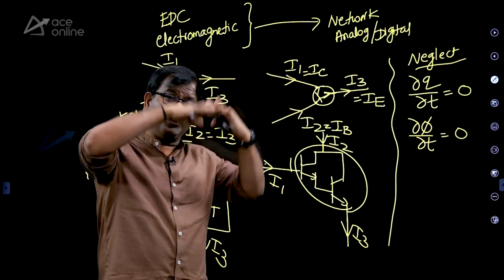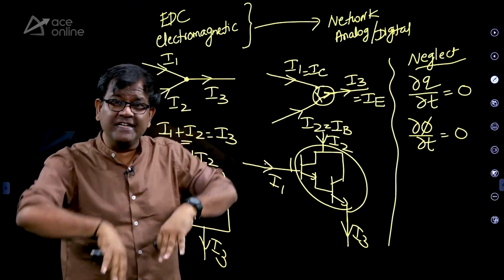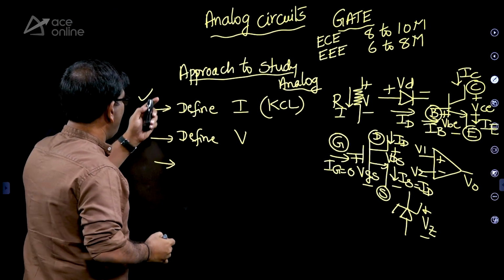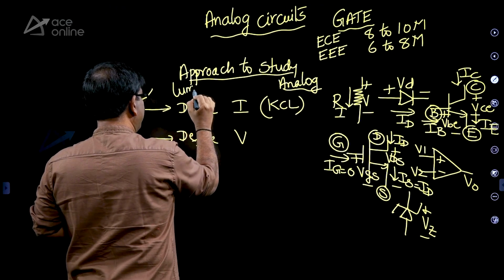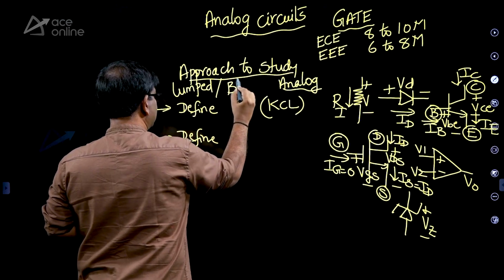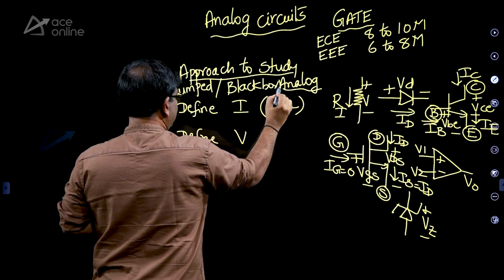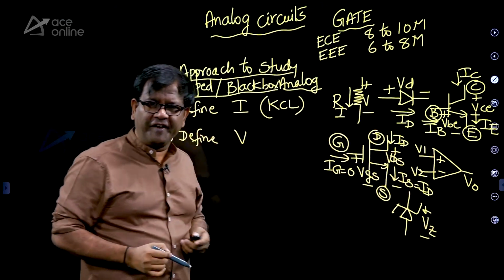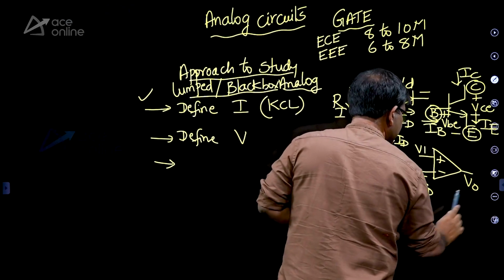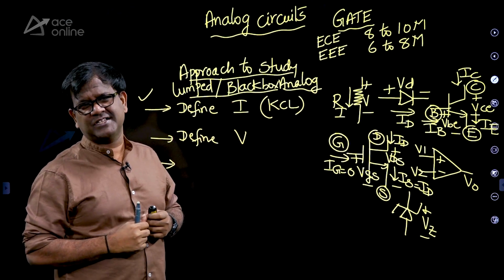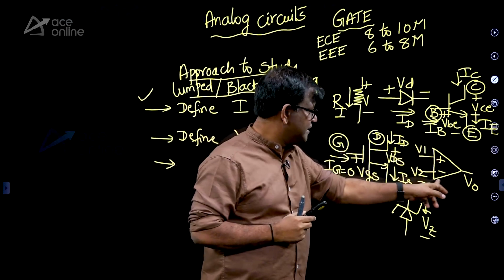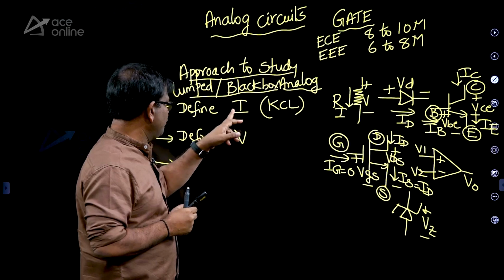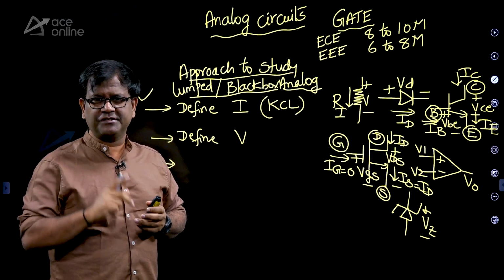I don't care the interaction outside the device, and I don't care the interaction inside the device, because I'm going to treat in analog all the devices as lumped elements or black box. So if you give me an op amp, which has say 10 or 15 transistors inside, you're just putting a circle and say that, I don't want to know what's there inside, because I'm going to treat this device as what box? A black box. And I'm going to allot a unique value of current and a unique value of voltage. That is the first approach.